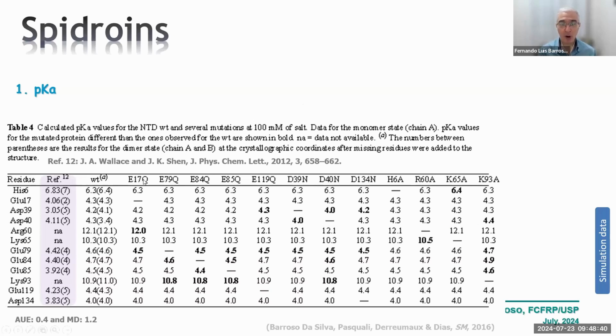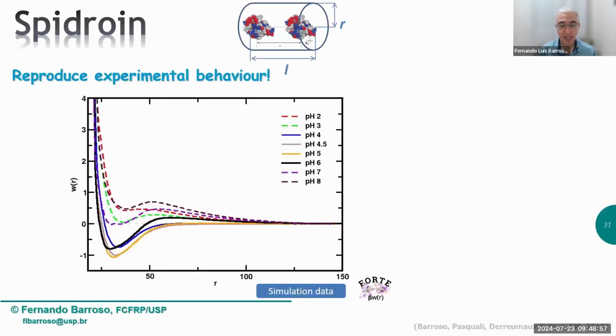And we have to predict all the possible changes for all the mutations that can happen in this system. So, okay, we can reproduce pKas. That's good. We have a model that's reasonable for these electrostatic features. And doing that, the second step was to see if we could get the right pH window where we observe a complexation.